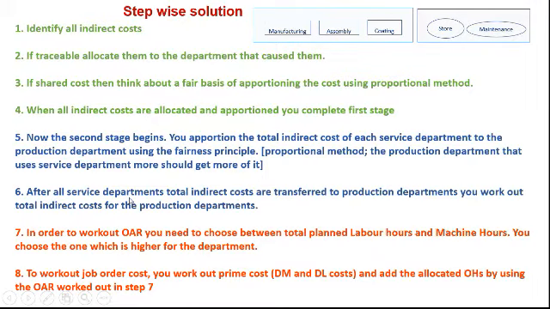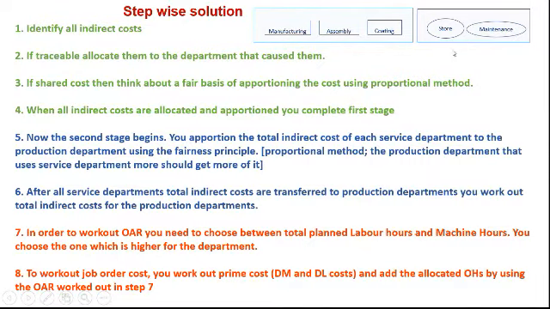The second stage: you apportion the total indirect cost of each service department to the production departments. Now, in the first stage, you will have costs gone here, here, here, and also some of the costs gone to these 2 service departments.